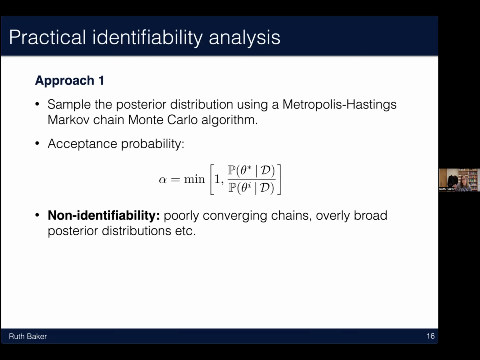For the kinds of models that we are looking at, PDE plus Gaussian noise, you can sample the posterior using an MCMC algorithm. Non-identifiability can be diagnosed by looking at the MCMC chains, or by characterizing the quality of the posterior. How broad is it? Are there correlations between parameters?